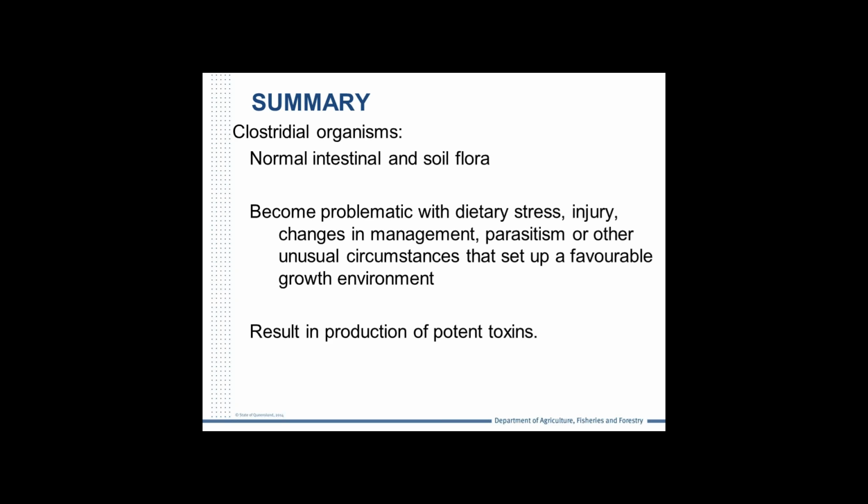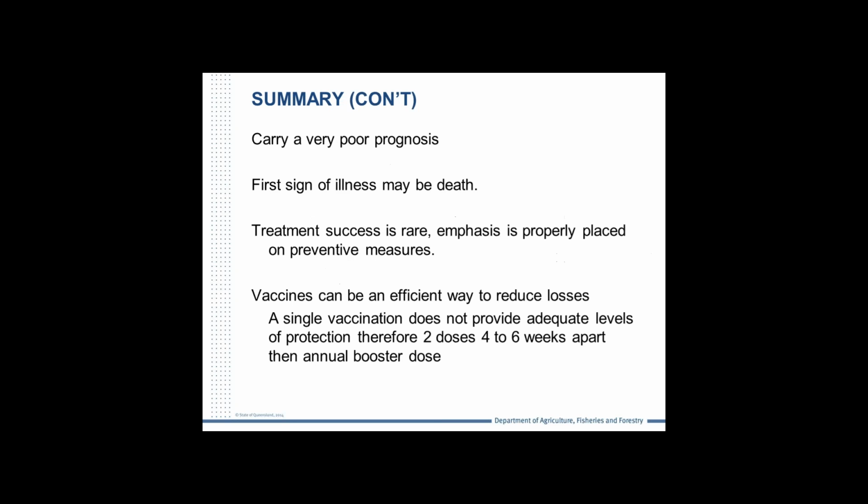They all result in the production of potent toxins. They all carry a very poor prognosis, and the first signs of illness may just be death. Treatment success is rare, so you really need to consider your preventative measures, and vaccines are an efficient way to help reduce your losses.